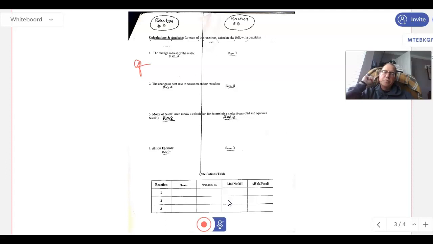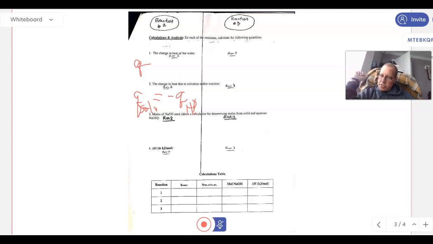That means again, our Q of solvation is equal to our negative Q of H2O. That's all I'm saying.